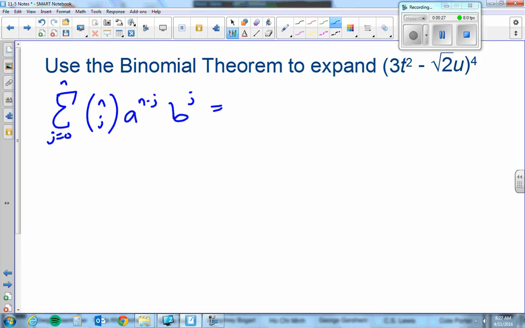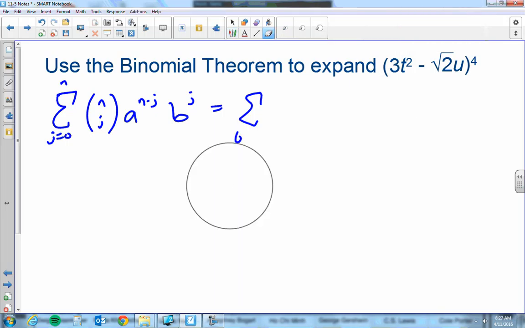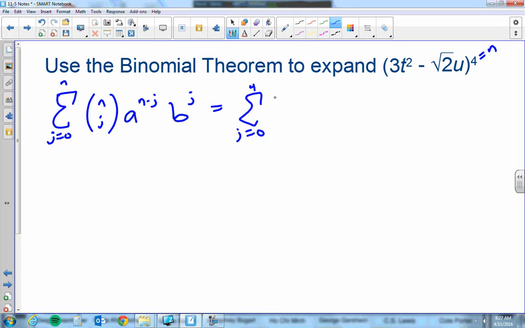And in fact, let's actually write that out for this problem. So j is going to go from 0 to what in this case? 4. N is 4. And then it goes n choose j, so 4 choose j. Listen, n is fixed for the problem, n is 4. J is going to vary from term to term.